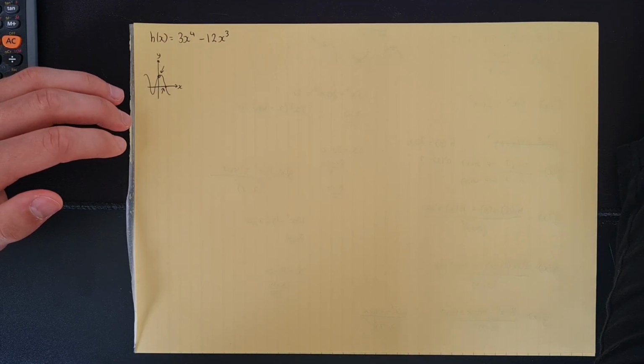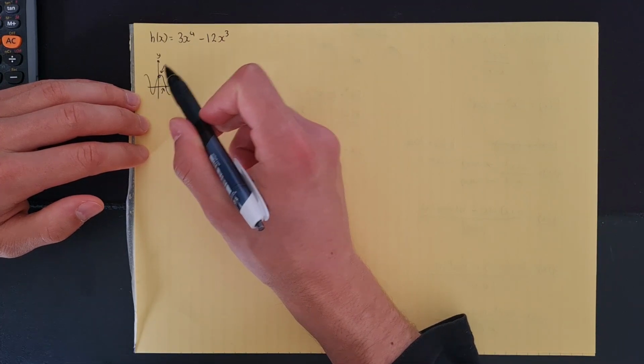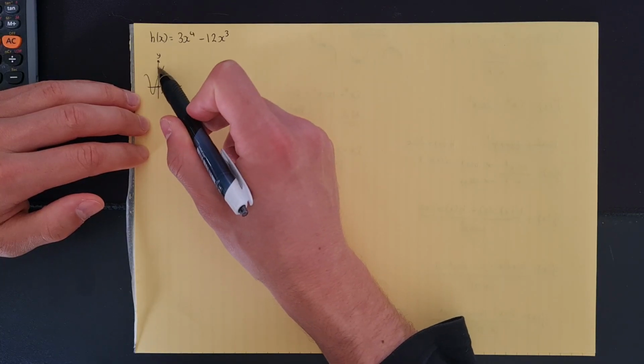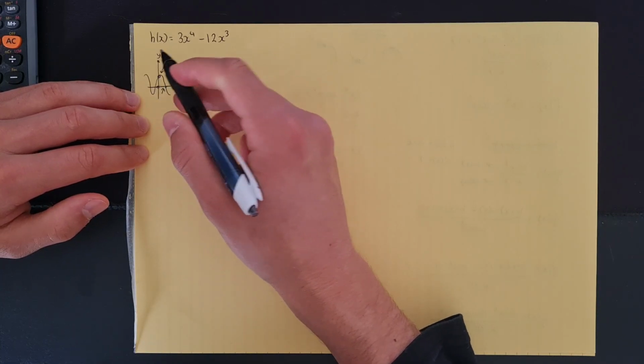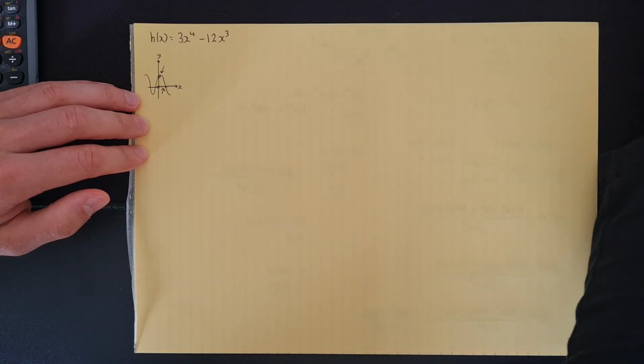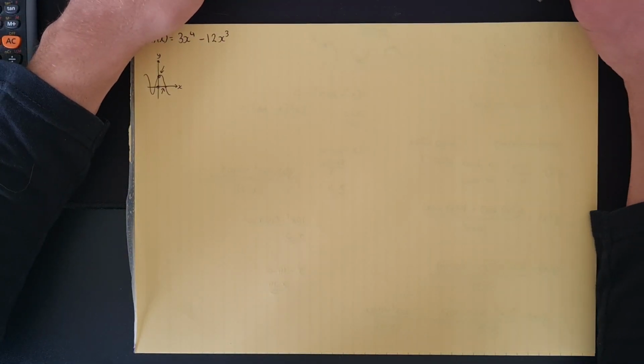So very simply, to find the y-intercept, all we do is set x equal to 0, right? Because at the y-intercept, x is 0. So that then means that the y-intercept is going to be 0, 0. That's going to be the coordinate.